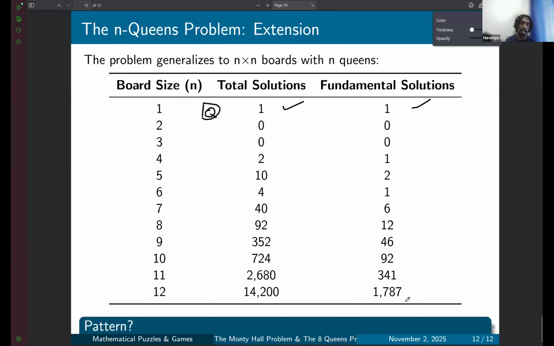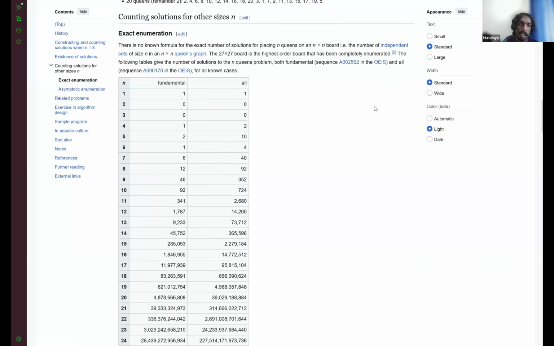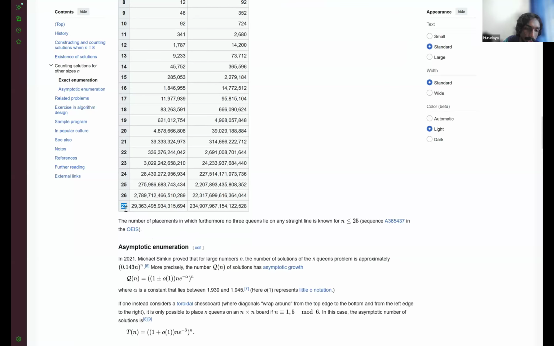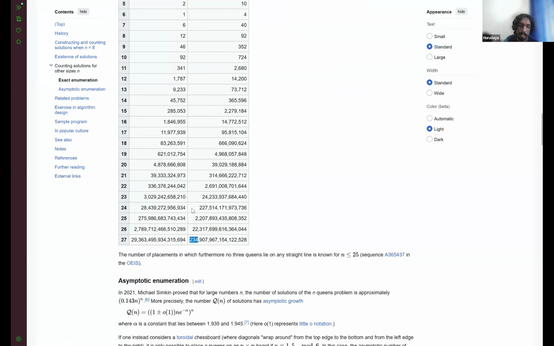We only know all these numbers because we've brute forced them using computers, and we checked every single possible scenario and counted all the valid ones. So we don't actually know what happens at level n. What we have done is we've calculated it up to 27 queens on a 27x27 chessboard, and the answer is 234 quadrillion unique solutions, if I'm not wrong. Yeah, 234 quadrillion solutions.